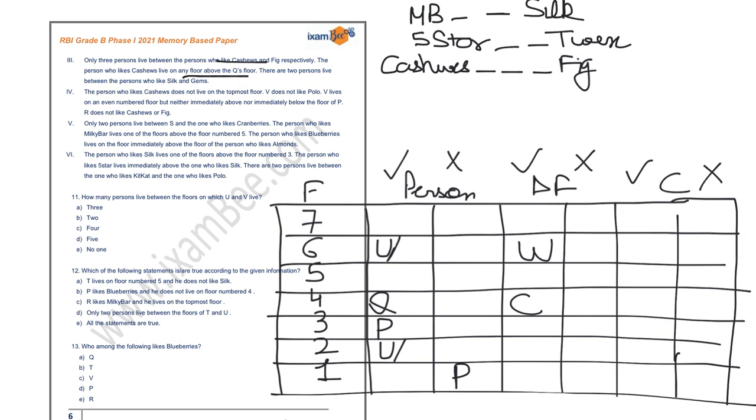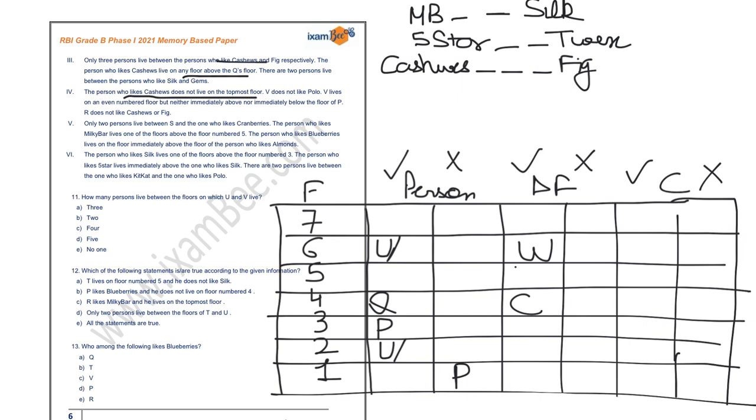So the person who likes cashew might live on the 5th, 6th or 7th, but we are not sure. Similarly, it is given the person who likes cashew does not live on the topmost floor. We know that he lives above Q's floor but not on the topmost floor. So the only place for the person who likes cashew will be the 5th floor.